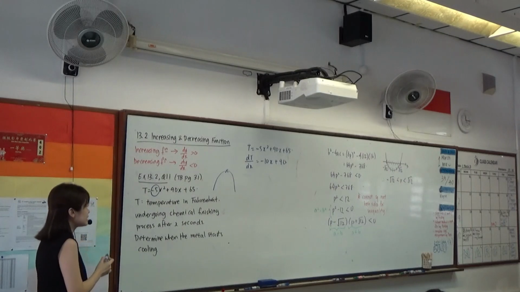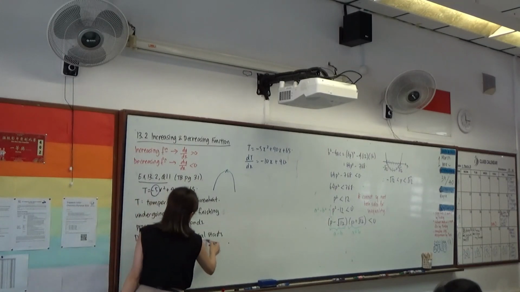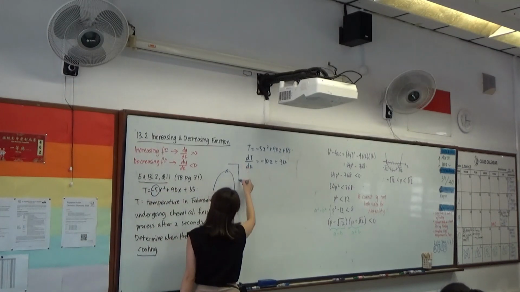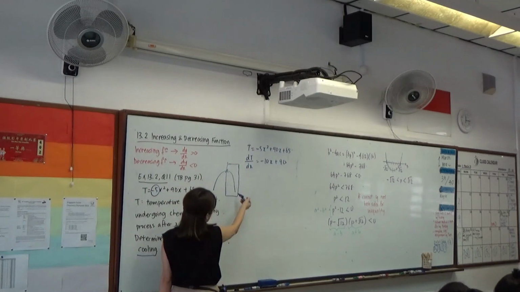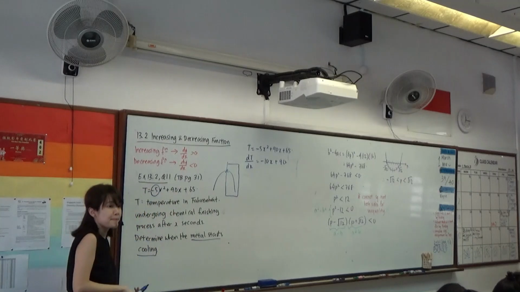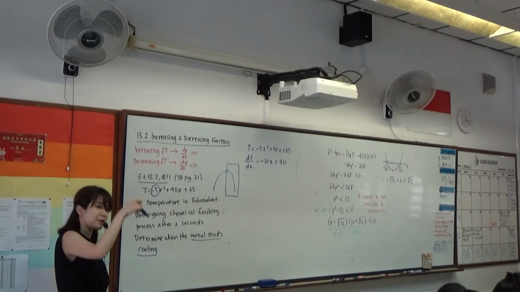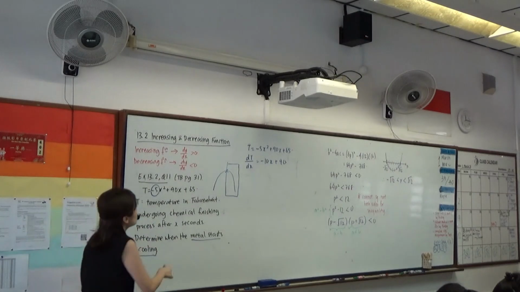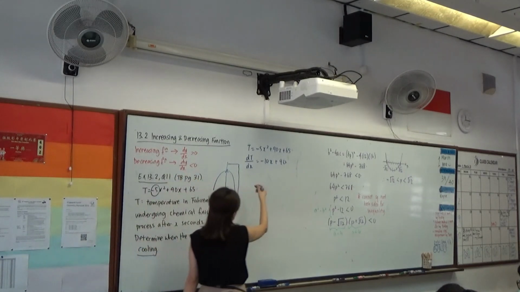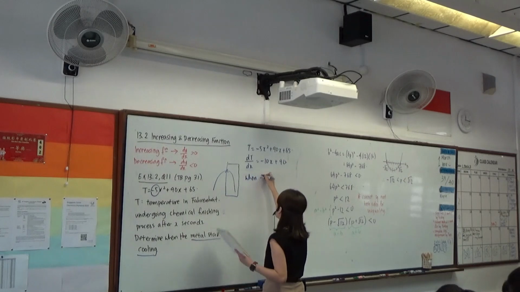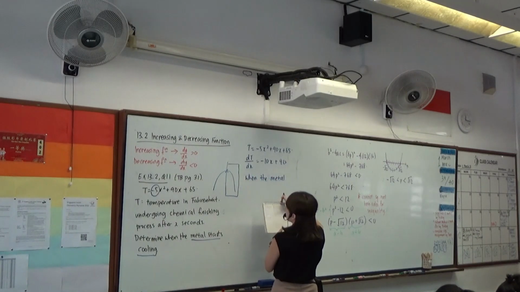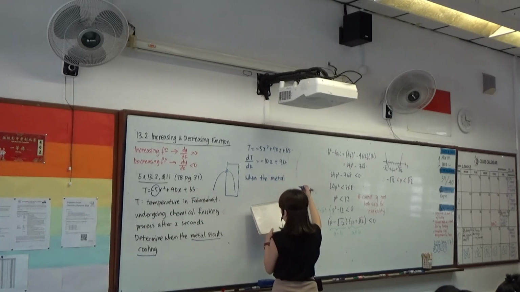The question is asking when the metal starts cooling. That means we want to know the range of time when the metal starts cooling. By cooling, it means temperature is dropping, our temperature is decreasing, so we are looking at a decreasing function. So our dy over dx has to be less than 0, or in this case dT over dx.